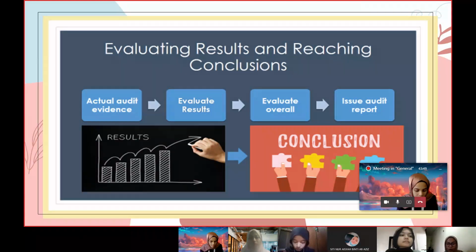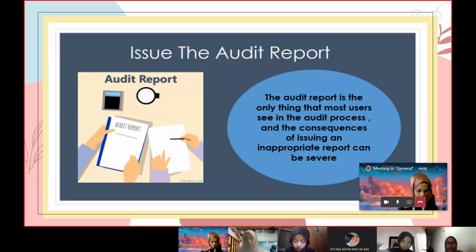So next, evaluate overall, meaning evaluate overall of the financial statement. Also in this evaluate overall, estimate the misstatement in the financial statement before the last step, issuing the audit report.